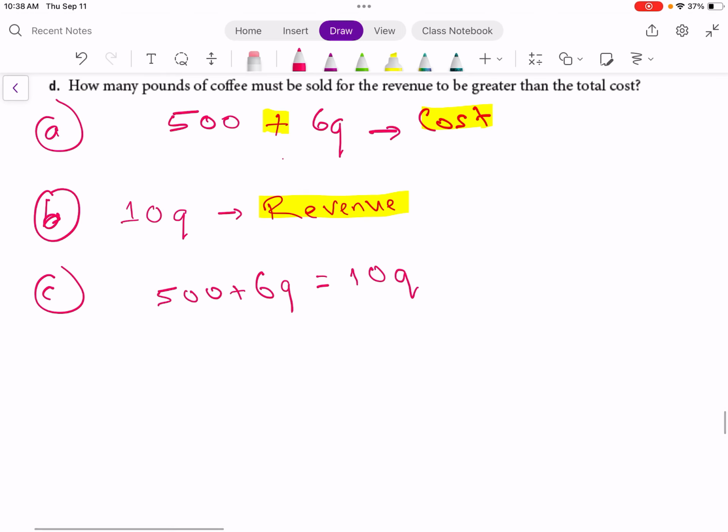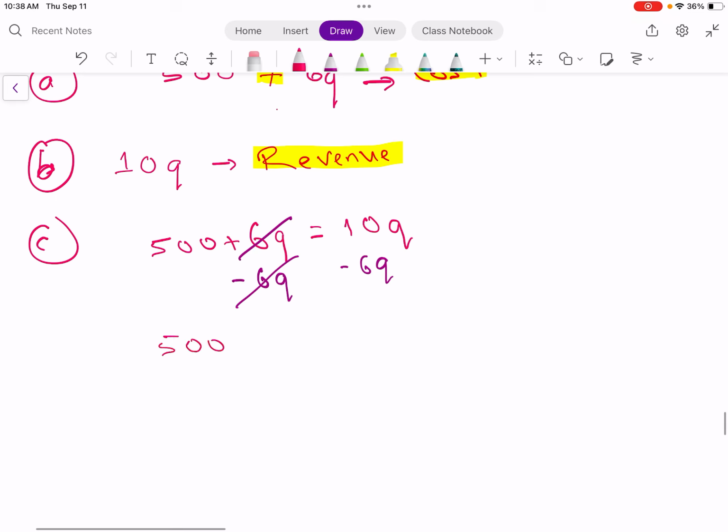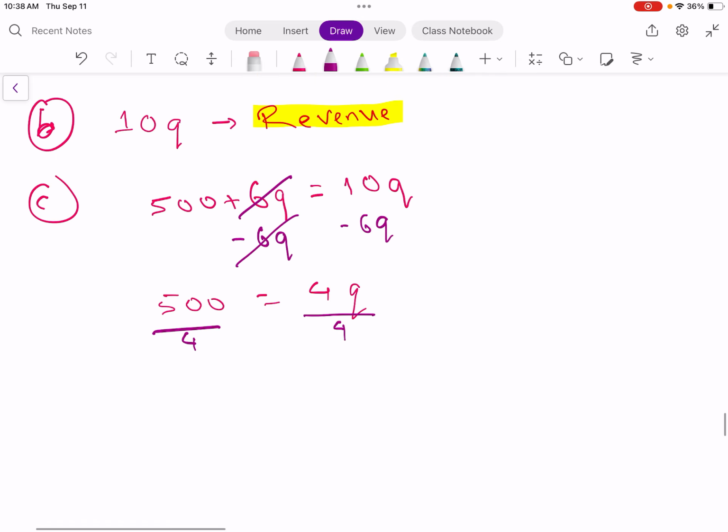Now, what is this? Is it an equation or an inequality? This is a linear equation, right? And we know how to solve it. You subtract 6Q on both sides. We have 500 equals 4Q. Divide both sides by 4. So 500 divided by 4 is 125.